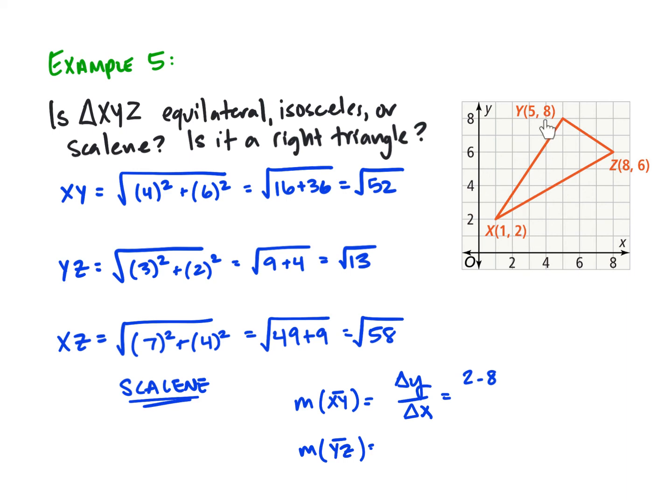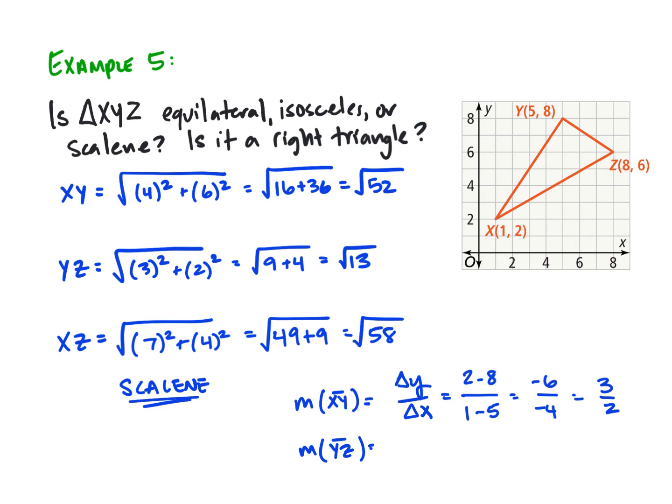So this one minus that one. And then for the change in the x's, we'll do the same thing, 1 minus 5, going from this one, subtracting that one. And so that's going to give us negative 6 on top, negative 4 on the bottom, which is going to simplify to 3 over 2. The negatives will cancel each other, and then I can divide top and bottom by 2 to get the fraction 3/2.